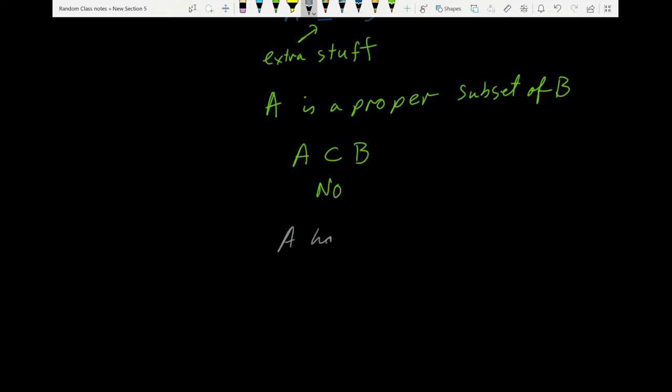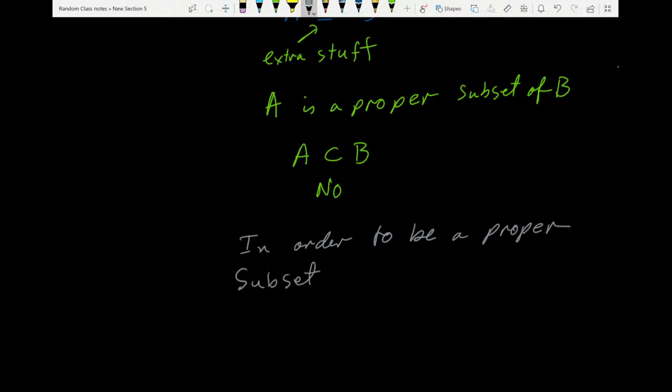A is the subset; in order to be a proper subset, the subset has to be smaller. Okay, that's it. Any question before I go into universal set and all those?